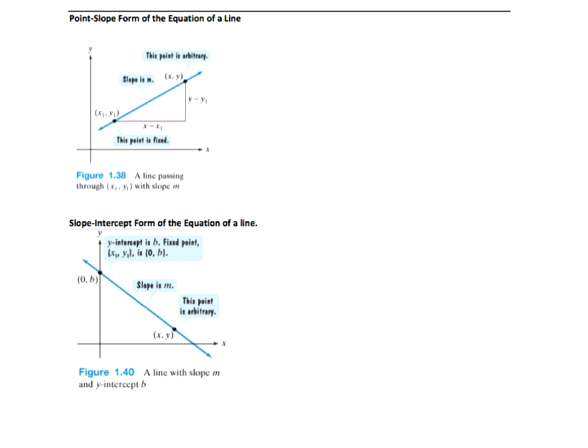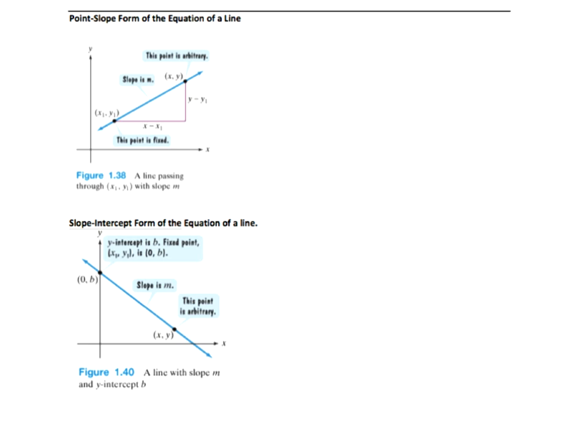Okay, so we have 2 forms of the equation of the line. Well, we actually have more than 2. We have 3, but these are the 2 that this particular section focuses on. We have point-slope form of an equation, and we have slope-intercept form of the equation of a line.